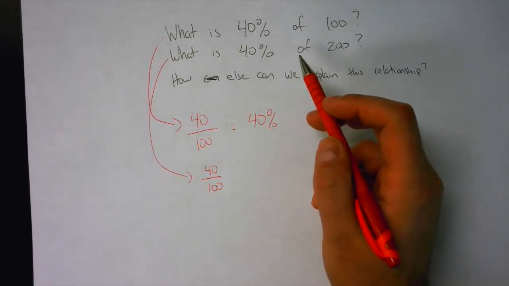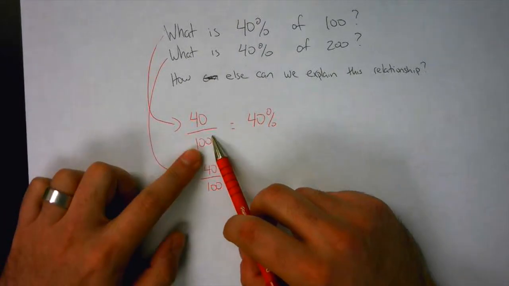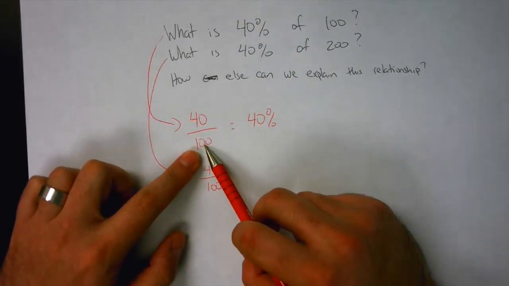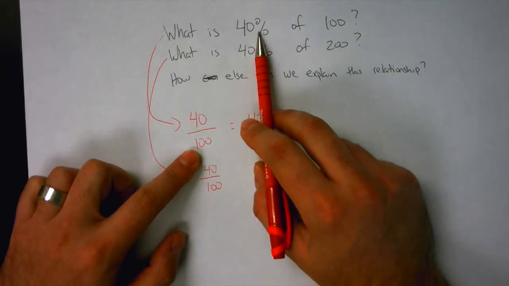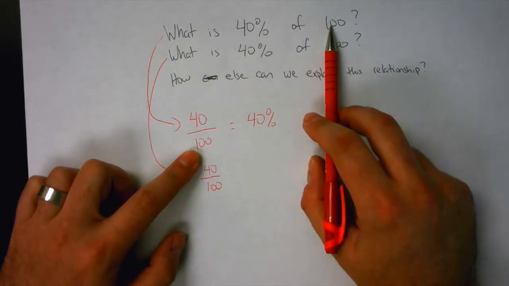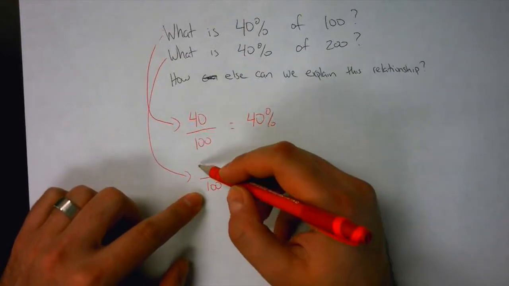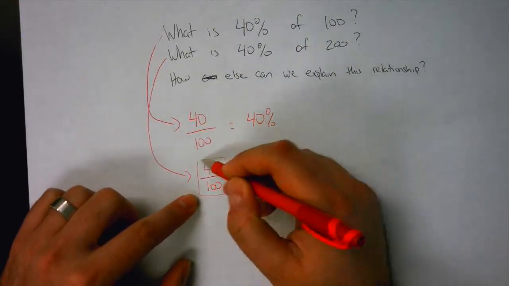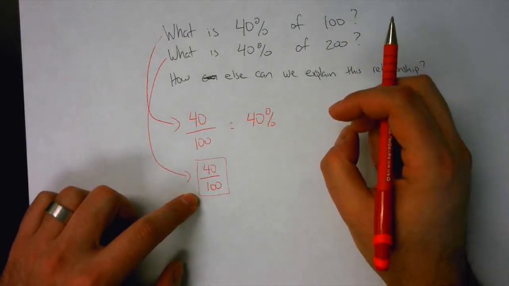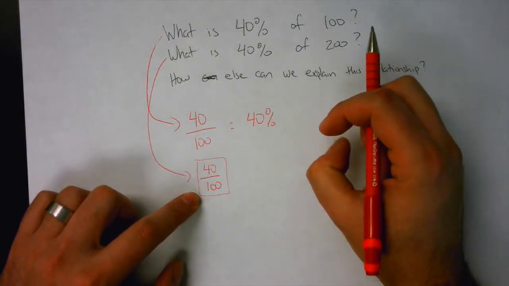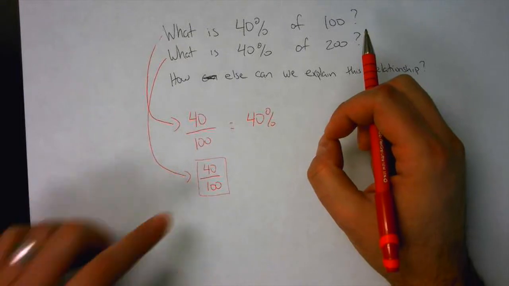Okay, because I'm confused right now, because in the first one, I understand 40 over 100 because it says 40% and there's 100 here. So now why are you using this to start off? What is this representing? What does 40 over 100 represent here?